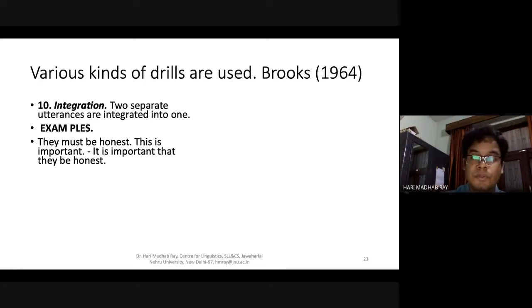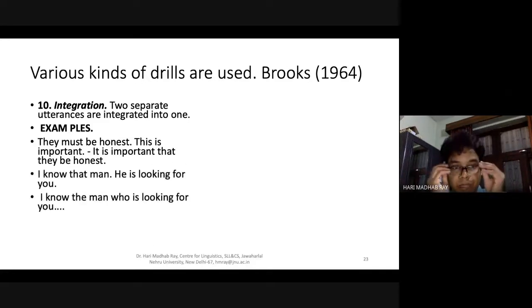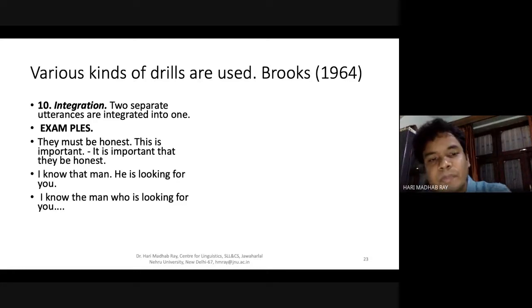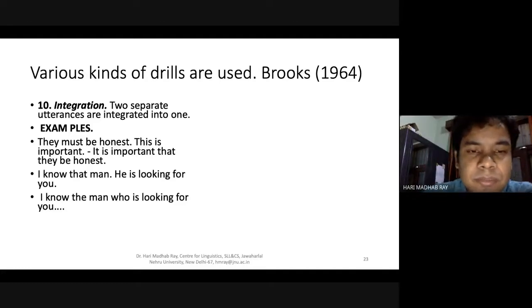You see, so this kind of practice. And I know that man, he's looking for you. I know the man who is looking for you. So you all know this joining thing, the integration thing. You bring together different clauses we talk about, whether dependent clauses, independent clauses, and all.